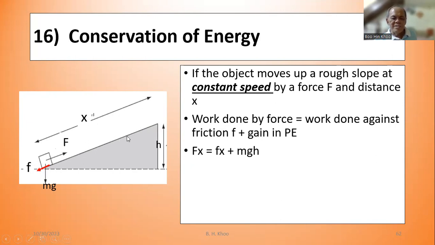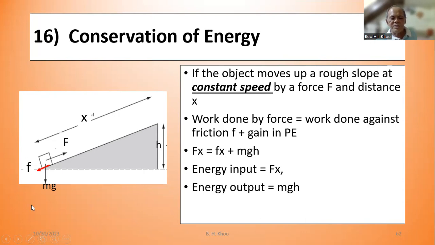Friction also travels the distance x. Gain in potential energy mgh. So energy input is always the work done by the applied force. Energy output is mgh. That's what you gain. Wasted is your work done against friction. The efficiency is mgh divided by Fx.